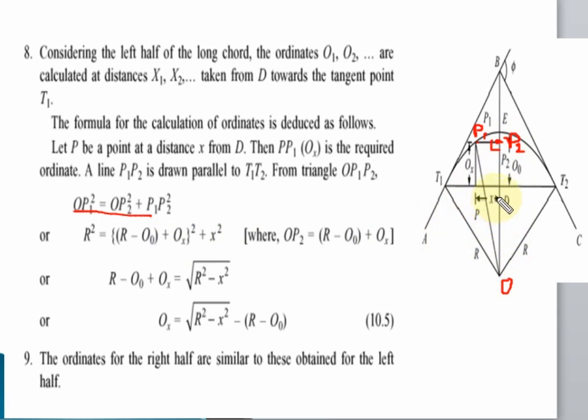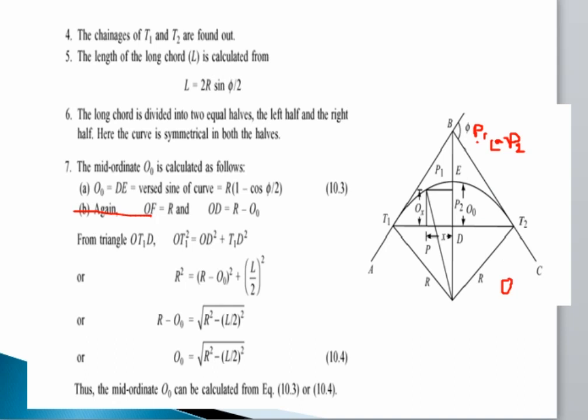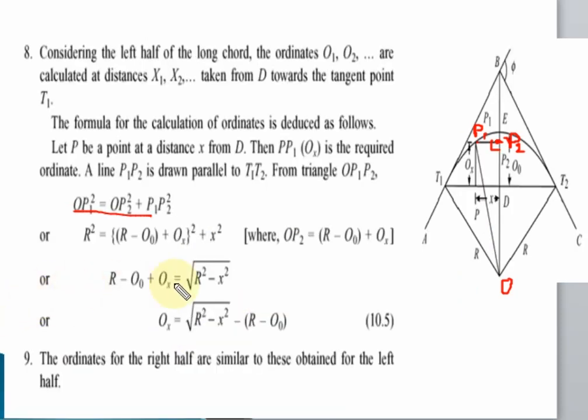In the previous step, OD is R minus O suffix O. That is why here it is R minus O0 plus Ox, the distance Ox, bracket square, plus x square. P1P2 is x, the total distance is x. Just put the value and find out the Ox.